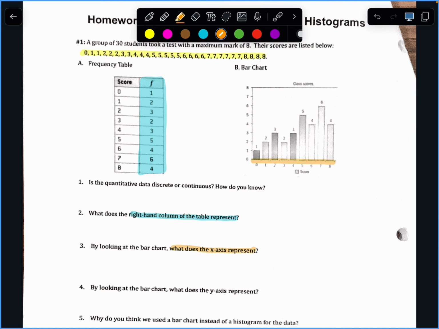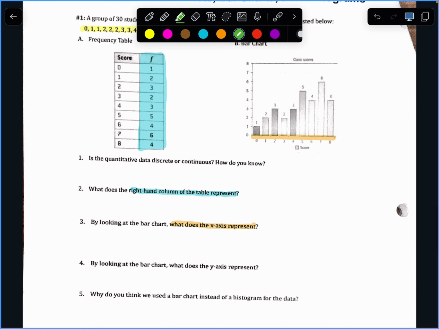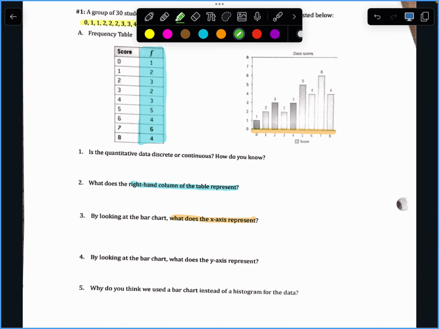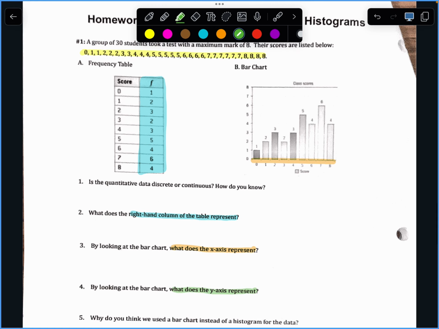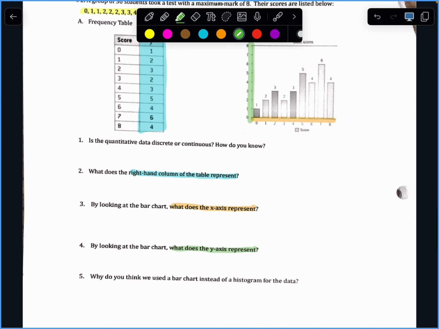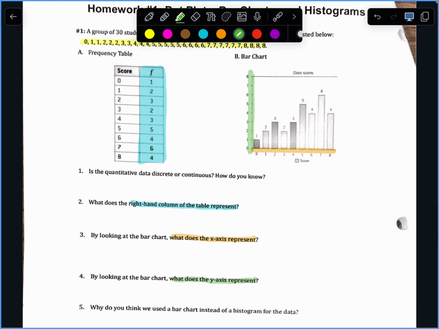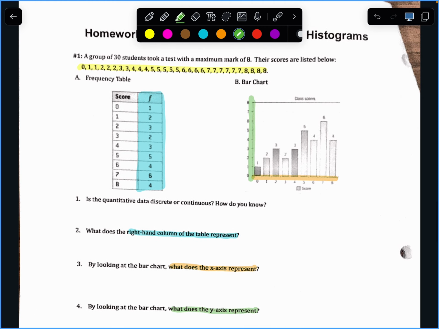And what does the y-axis represent? Now, why do you think we used a bar chart instead of a histogram? Write that down in complete sentences. Make sure you answer, how do you know that it's discrete or continuous?